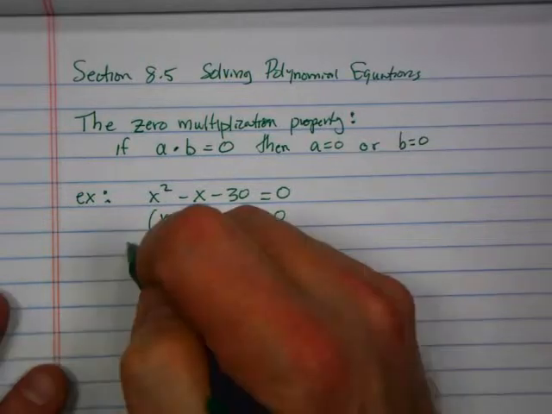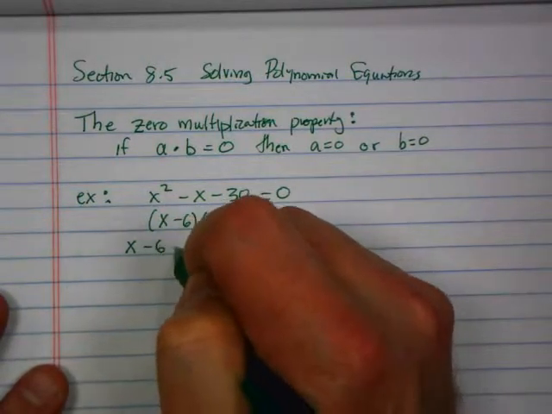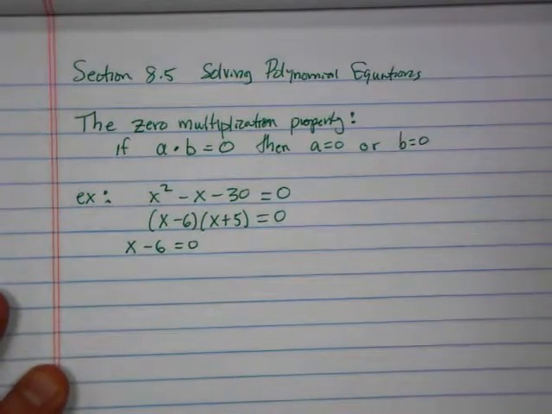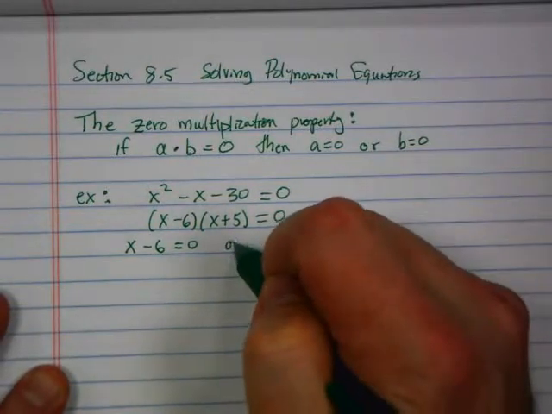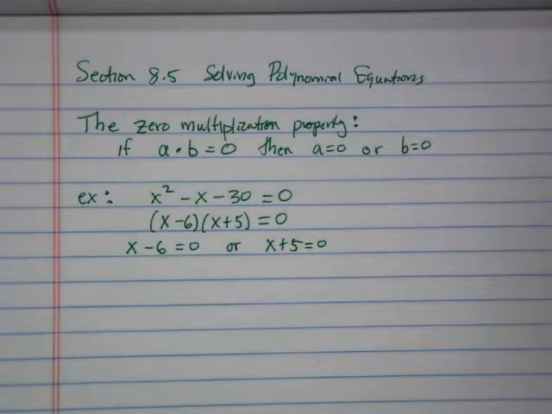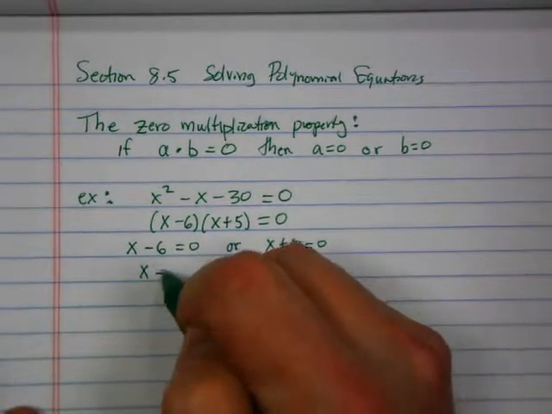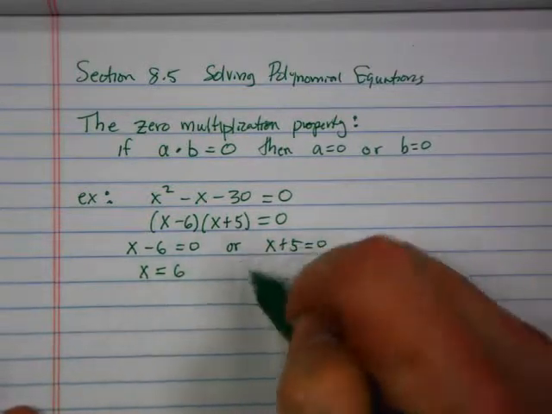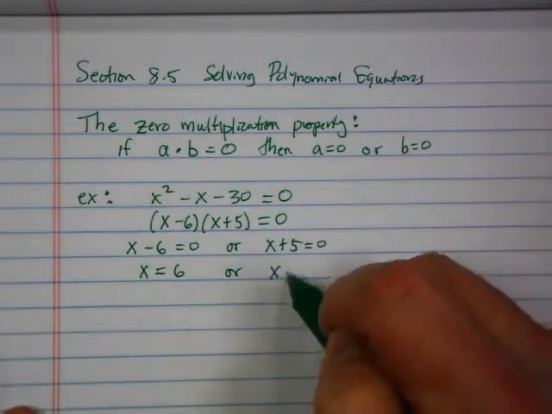So either x minus 6 has to be the number 0, or x plus 5 has to be the number 0. So how many answers are we going to get? 2. The two answers are x is 6 or x is negative 5.